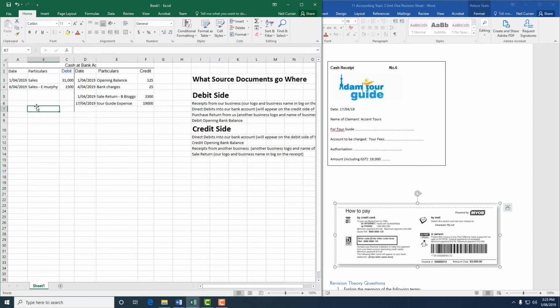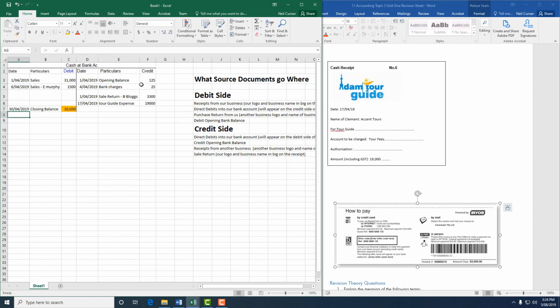So I'm just going to put over here closing balance, and we're going to do an auto sum. And we will colour that one brown, and that indicates the balance that we've got in our bank account as at the end of April.